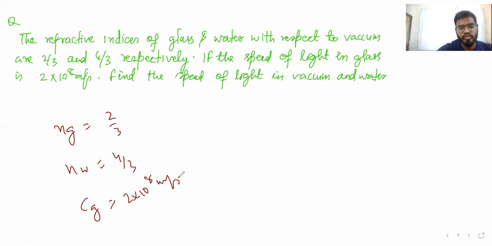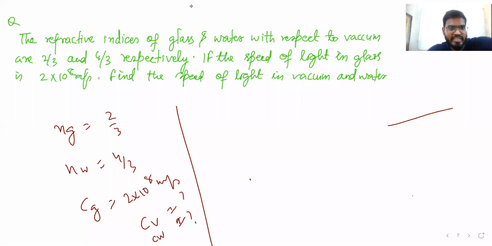Let's see. Refractive index of glass is 2 by 3, and water is 4 by 3. So they're asking to find the speed of light in vacuum and the speed of light in water.